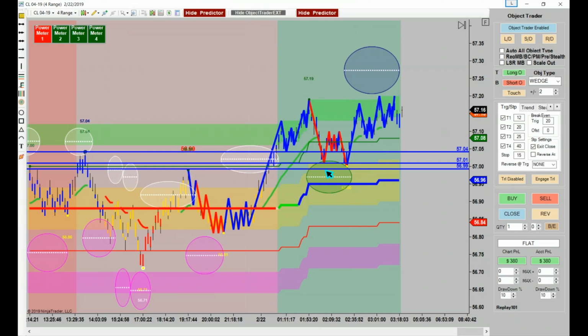Okay, and then they haven't checked this level right here on this side of the chart. See, this is the left side of the chart now. This is the right side of the chart. So I'm looking for either a bounce off of this level here or this level right here, but I don't think they'll come this low because they've already checked it. So I think it'll be right in here. This is the area that I would be looking for the trade. Let's see if predictor finds it too.